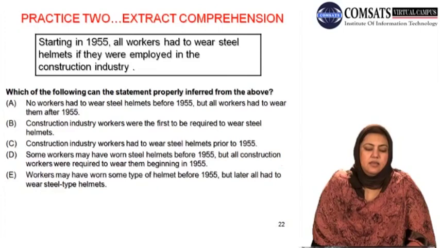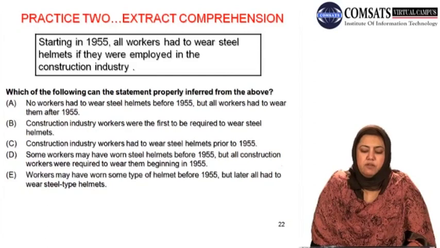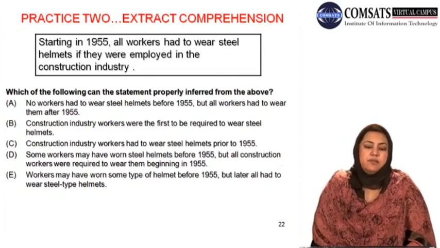Option D says, some workers may have worn steel helmets before 1955, but all construction workers were required to wear them beginning in 1955. And option E says, workers may have worn some type of helmet before 1955, but later all had to wear steel type helmets. Now, which option do you think is the correct inference from the sentence?